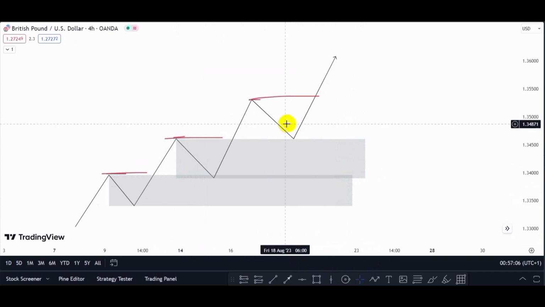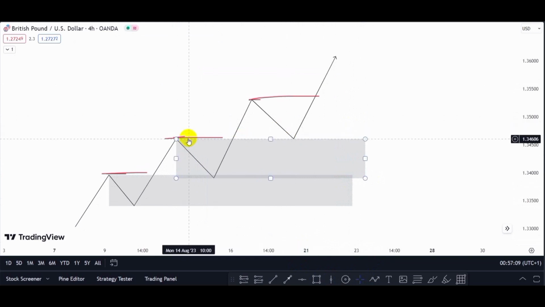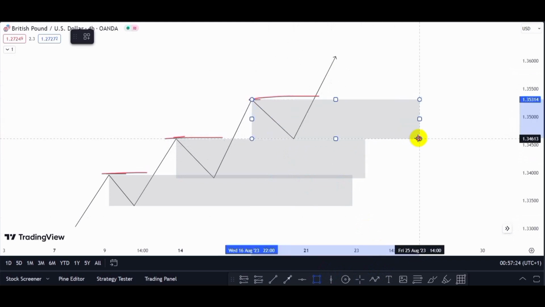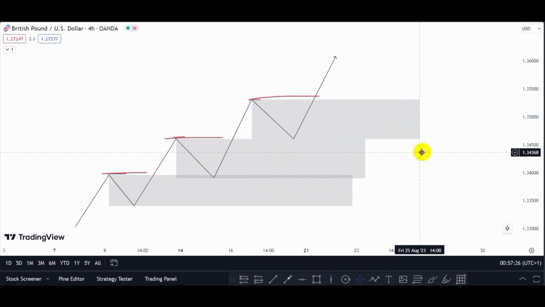And then we see price take out the buy side liquidity, and what we are anticipating is to see price return into the IOF to mitigate it before we have a further push to the upside. This becomes our next institutional order flow to mark out: the selling move before the buy move.